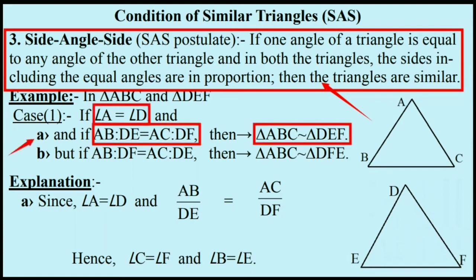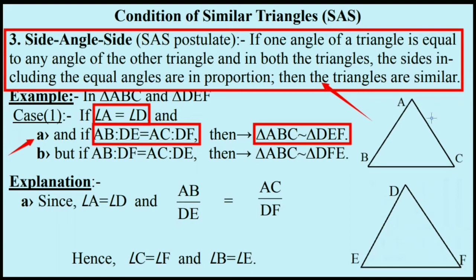Let's observe case 1, point number A. According to the statement, if angle A of triangle ABC is equal to angle D of triangle DEF and AB by DE is equal to AC by DF, then triangle ABC is similar to triangle DEF.